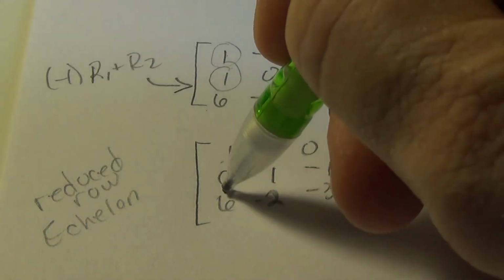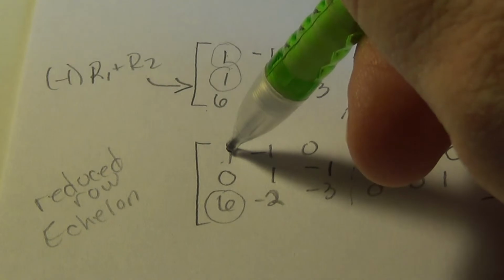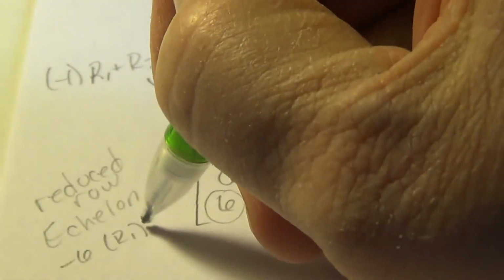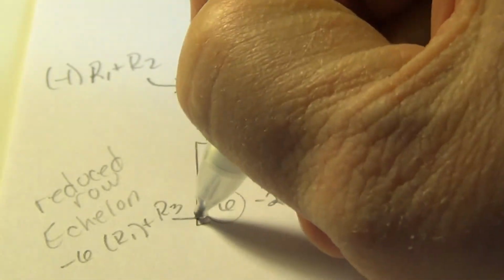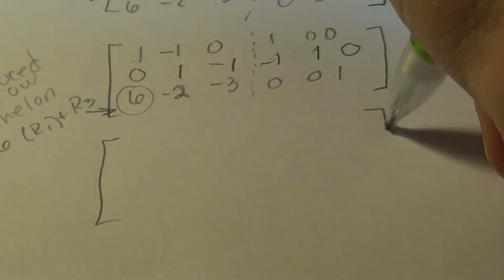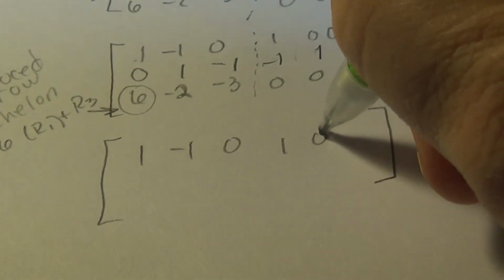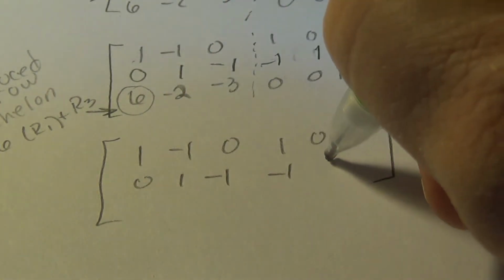So now I'm going to deal with this. So I'm going to do negative 6 times row 1 and add it to row 3, replacing row 3. So when I do that, I'm going to get the first row and the second row in unchanged.